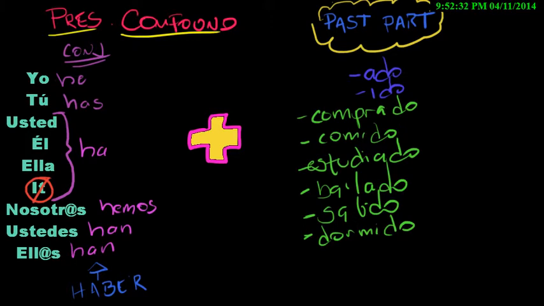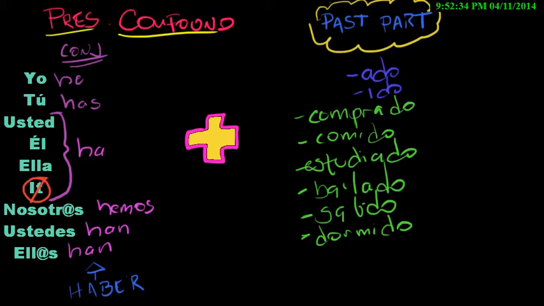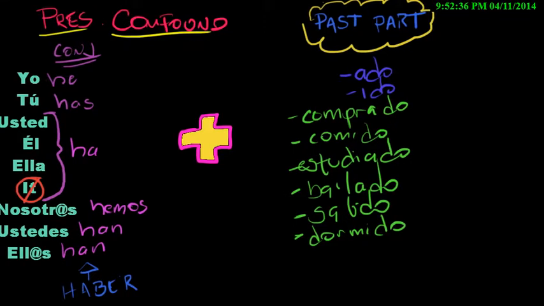And as usual, we can combine this with some complements. So this is how we form the present compound in Spanish.